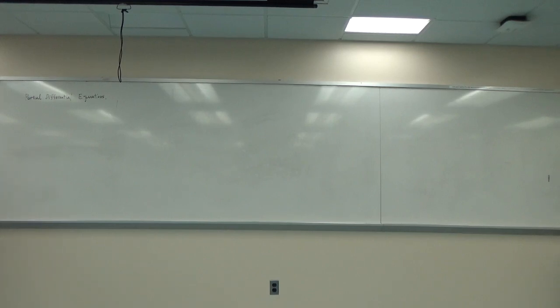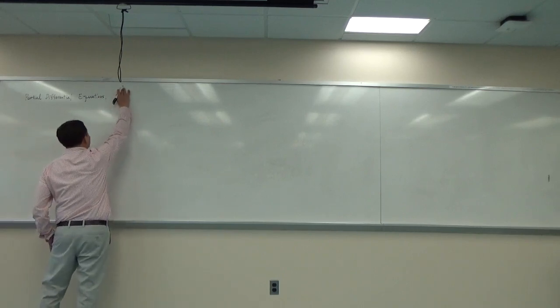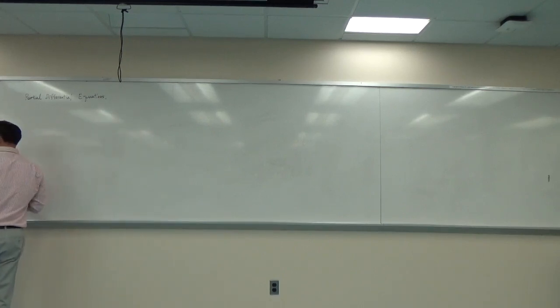Now there are some physical applications that require partial differential equations. A lot of them come with a name. To give you some examples, you have u_t equals k u_xx, where the subscript means partial derivative.